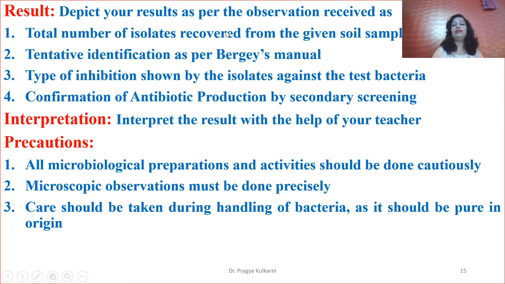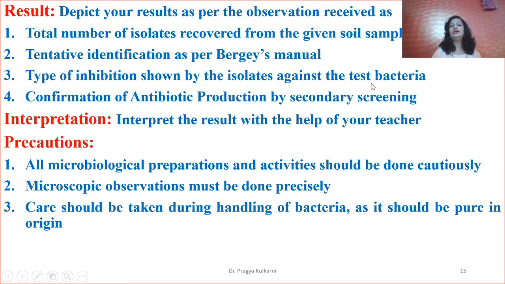The total number of isolates recovered initially from the master plate can be counted, and this is also recorded as the number of actinomycetes isolated in the given soil sample. So we can predict the diversity of actinomycetes present in the given sample. Then according to the morphological and macroscopic characterization, the tentative identification is depicted in the result, and then the type of inhibition shown by the isolate.